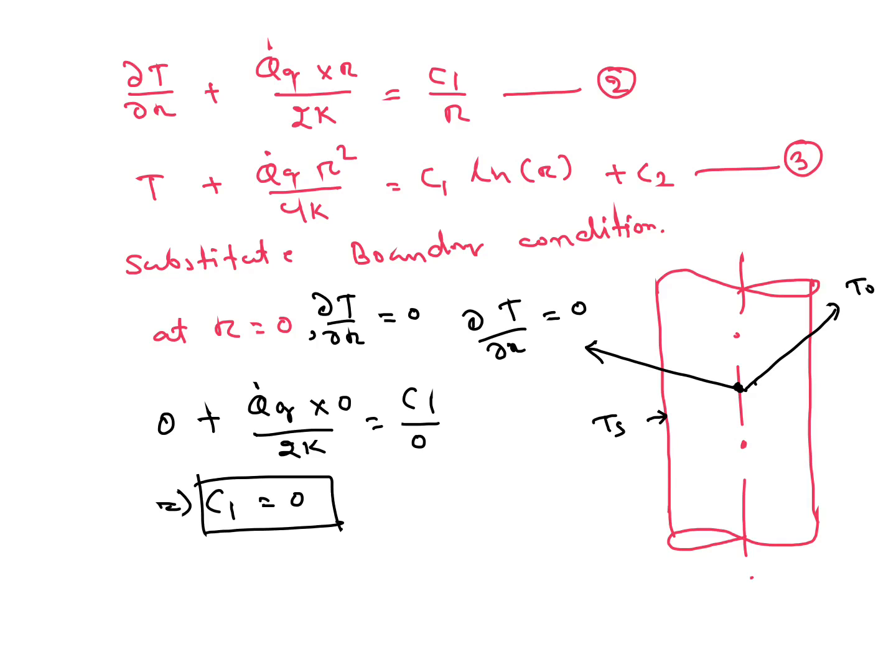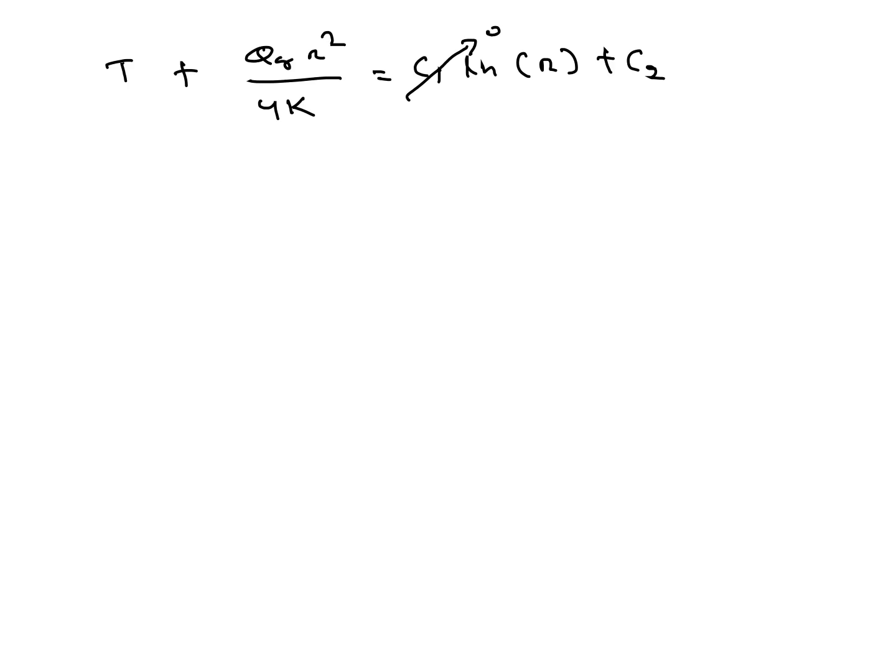And our equation 3 is T plus Qg r square divided by 4k equal to C1 ln r plus C2. C1 value we got 0, so T plus Qg r square by 4k equal to C2.